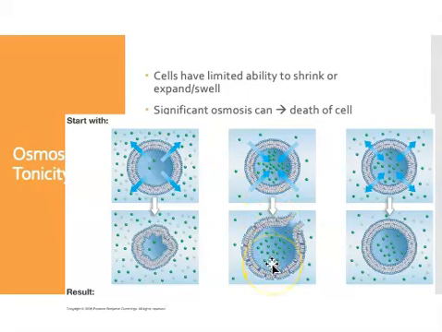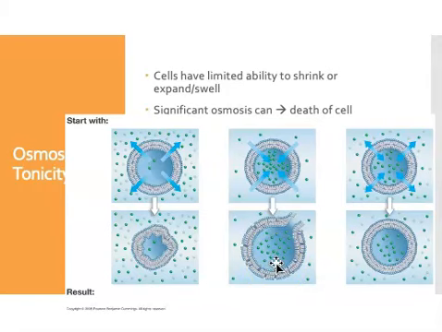If you travel down to the bottom of the diagram, you can see what happens as a result. The cell can swell up to a point without having any problem. In other words, small volumes of water can travel into a cell and cause it to swell slightly, and the cell will be fine. The cell won't suffer any damage as a consequence.